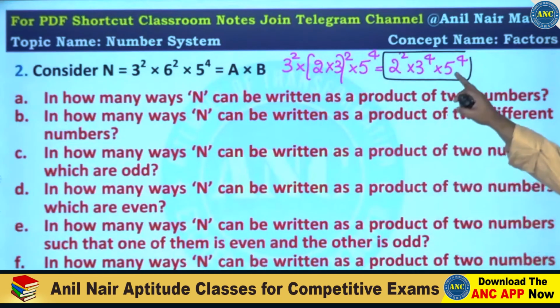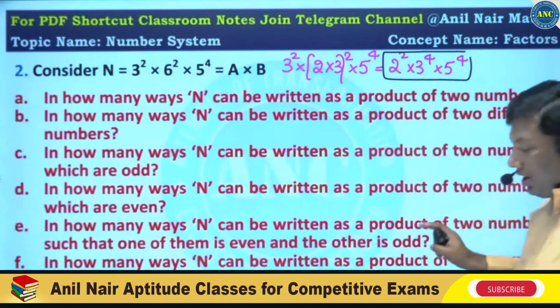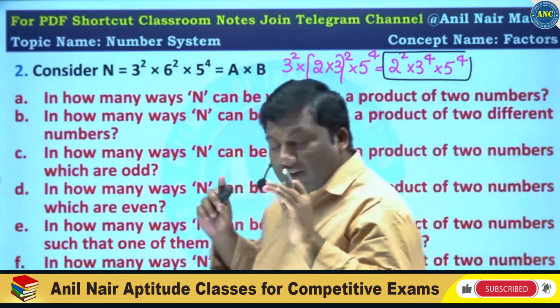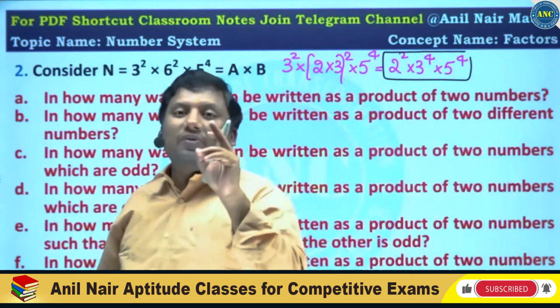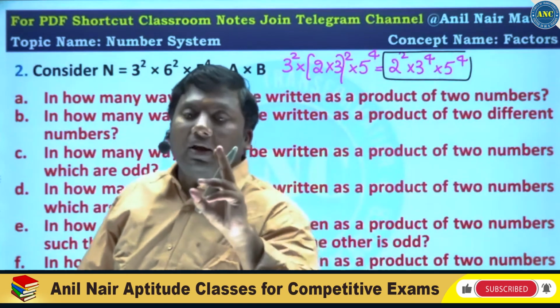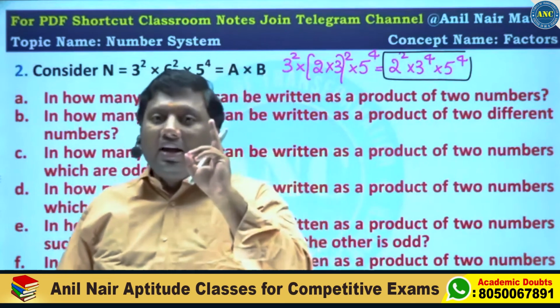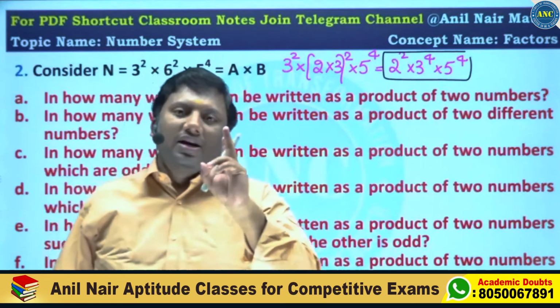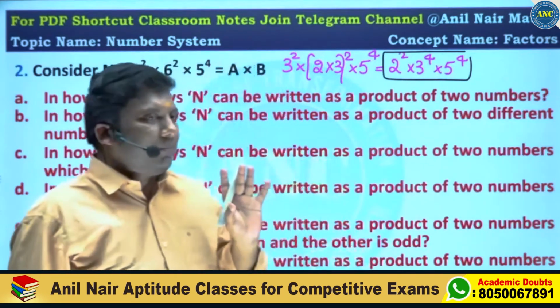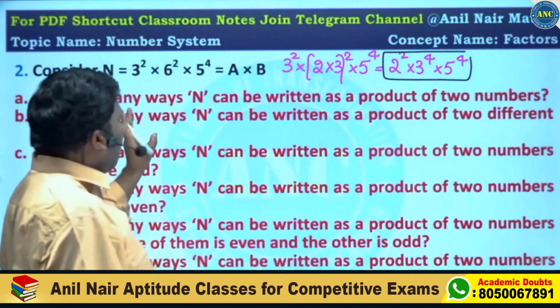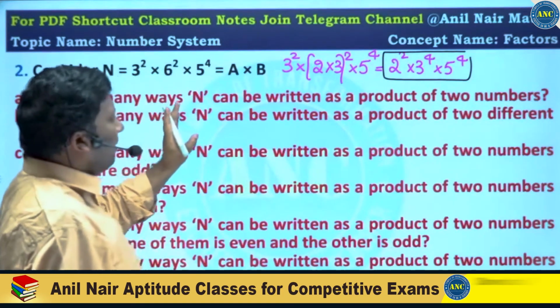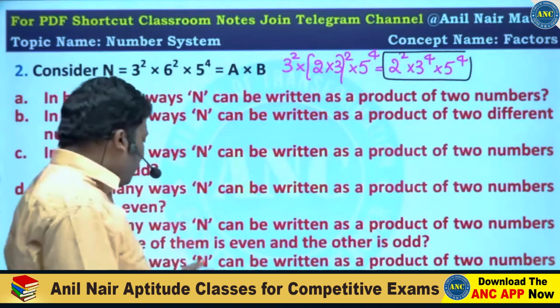Are the variables mentioned in the question? No. If the variables are not mentioned in the question, which pair do we have to take? Unordered pair we have to take. If the word distinct is there and the number is a perfect square, it is number of factors minus 1 by 2. First one: in how many ways can you write a number as a product of two numbers?